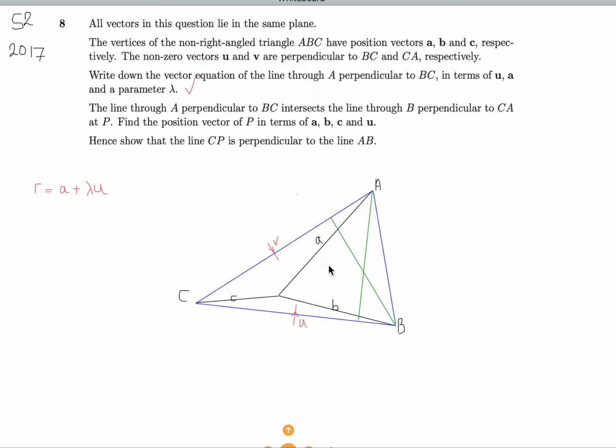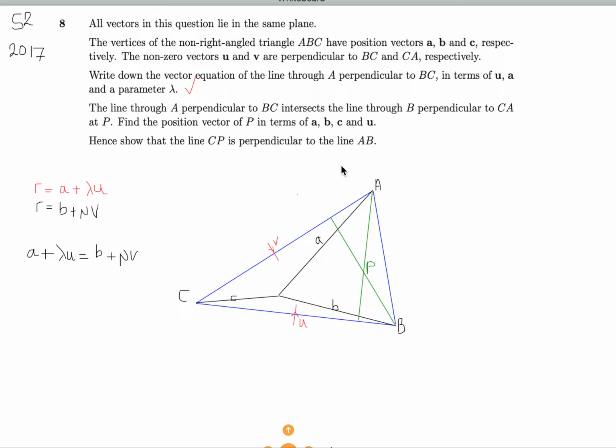This intersection point is called P. If we want to find the intersection, we want to find when the equations of these two lines equal each other. The line which passes through B and is perpendicular to CA is r equals b plus some scalar quantity of its direction, v. So let's set those equal to each other: a plus lambda u equals b plus mu v.